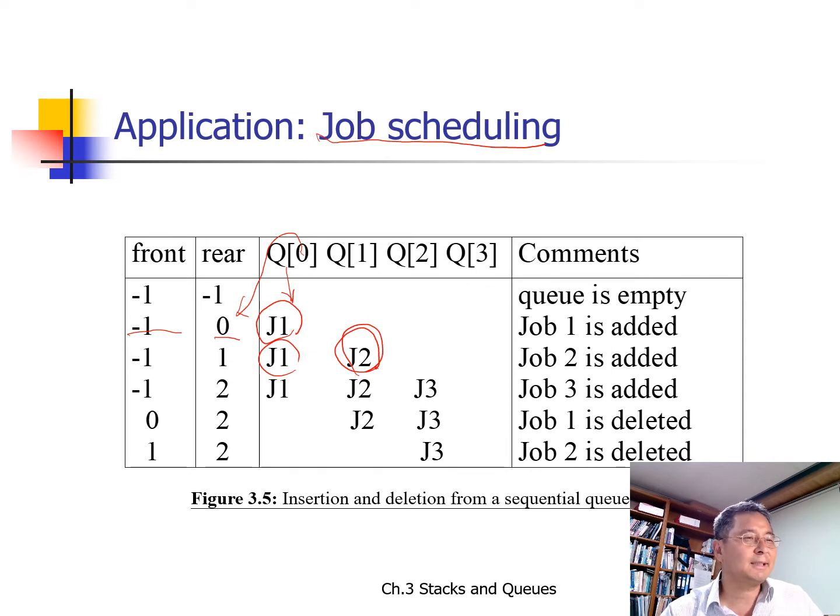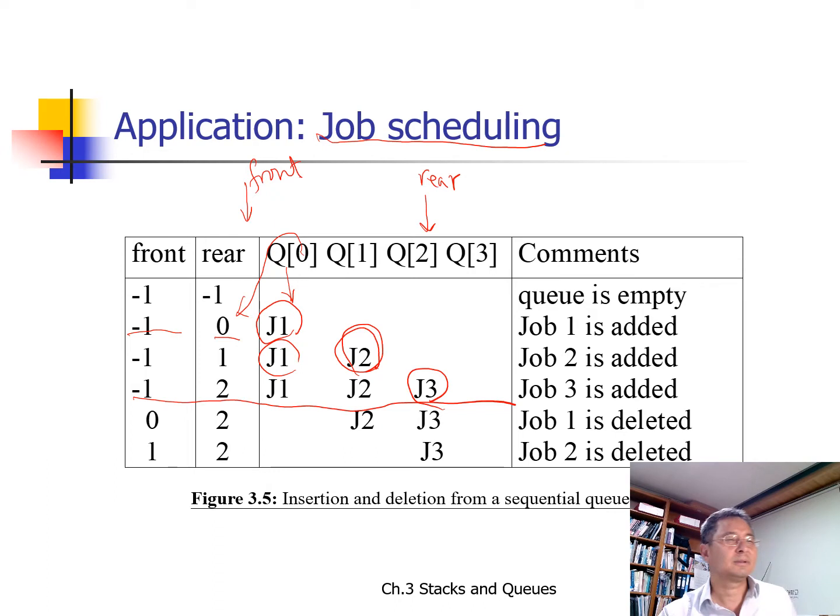And J3 arrives here. Three jobs are stored in this queue. Okay, this is a queue. So this one is rear now, and this one is front. That is the current situation.